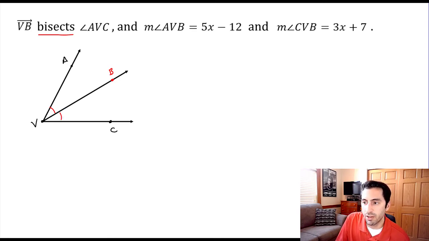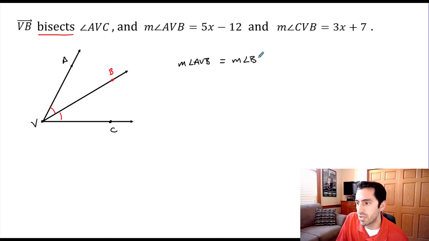So right away, I could write out a statement. I could say that the measure of angle AVB has to be equal to the measure of angle BVC, right? The two sides have to be equal to each other.